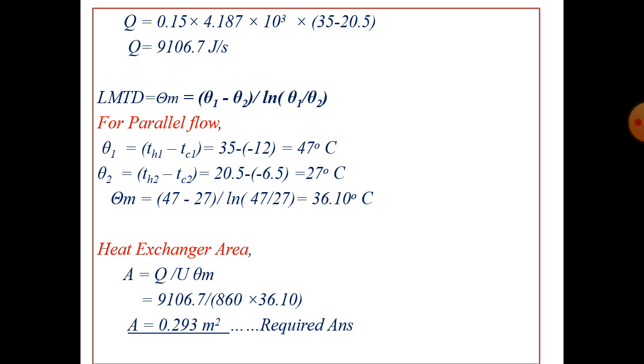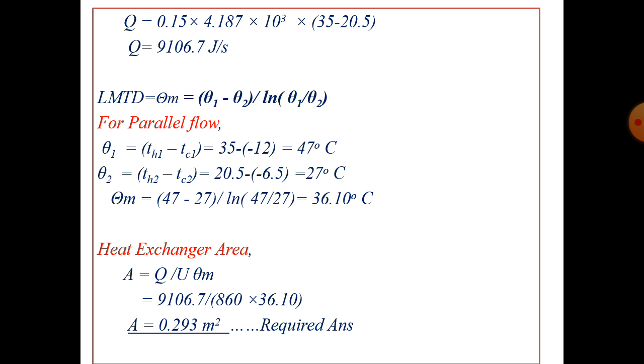Let us put both these values in the formula for theta m. We get theta m is equal to 47 minus 27 upon ln 47 upon 27. After calculating, we get theta m is equal to 36.10 degrees Celsius. This is the mean temperature difference. Now, in order to get the area, we know Q, we know U, which is already given, and we have also calculated theta m.